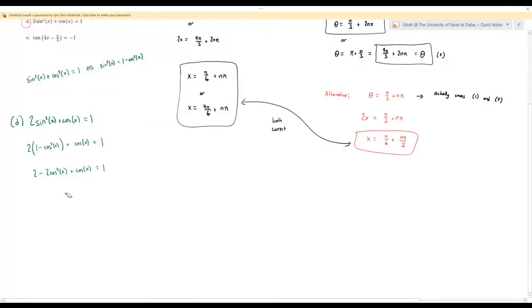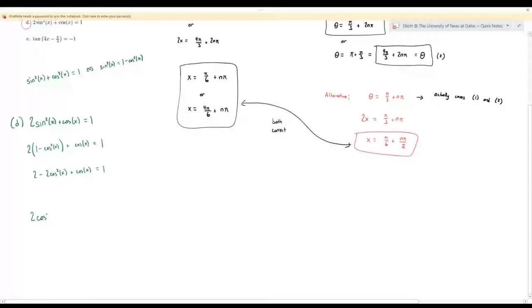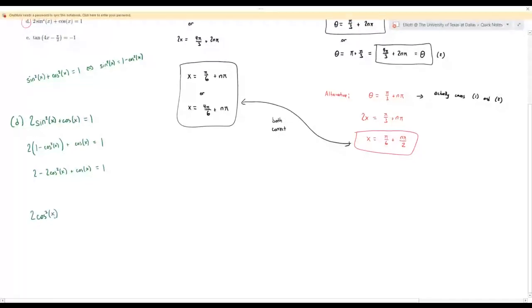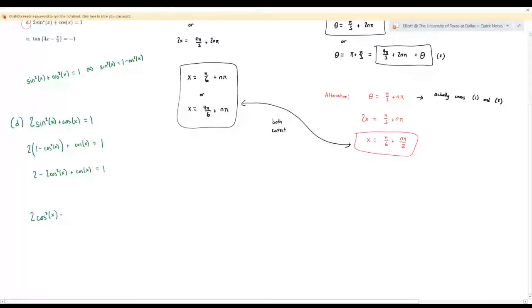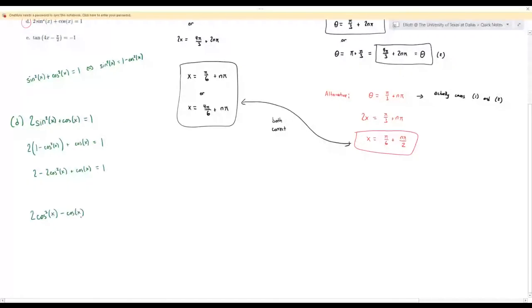So what I'm going to do is move these terms over to this side. When I move this term over, it's going to become positive 2 cosine squared. When I move this term over, it's going to become minus cosine x. And then when I move the 2 over, it's going to become minus 2.